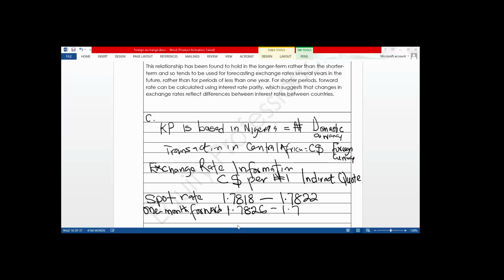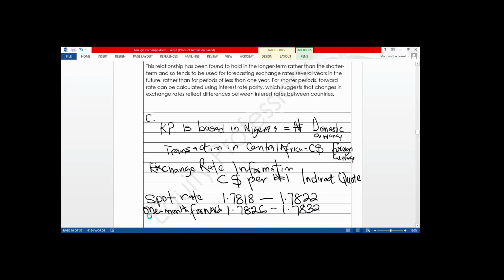Yes. Now let's continue. You are given 1 month forward rate, 1.7826 to 1.7832.